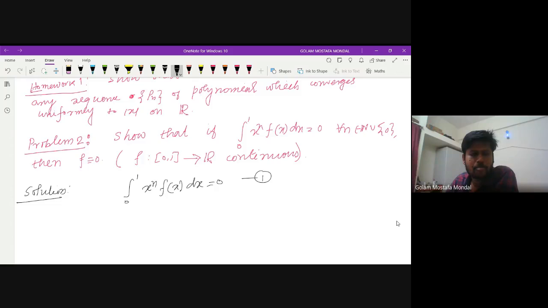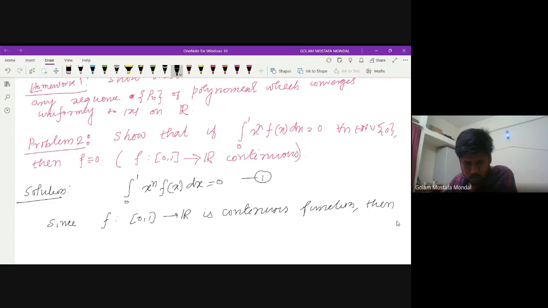And since f from 0, 1 to R is a continuous function, then there exists a sequence of polynomials P n such that P n converges to f uniformly on 0, 1. This is by Weierstrass's approximation theorem.